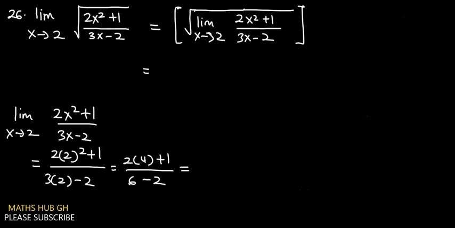This will give us an answer of 9 divided by 4. At the end, we are just going to take the square root of 9 over 4, and that will give us an answer of 3 over 2. This will be our answer.